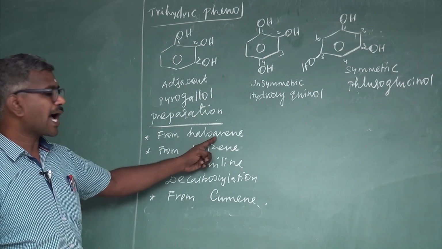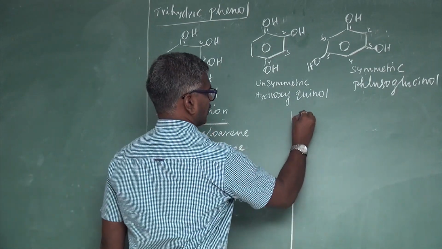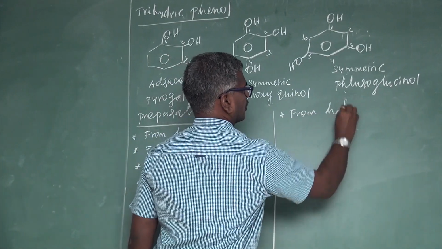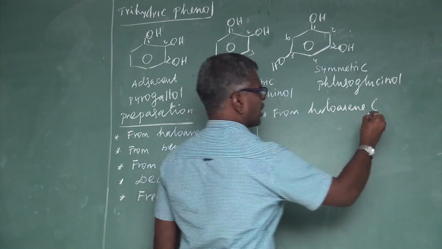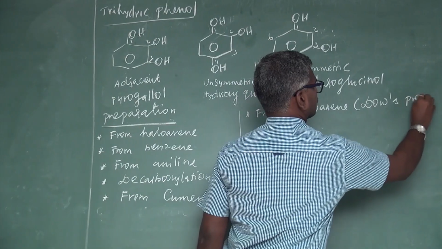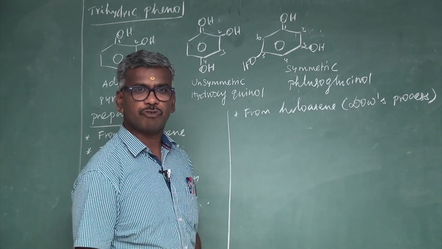First method, haloarene. Another name is the Dow process. The Dow process is the best method for preparation of phenol.